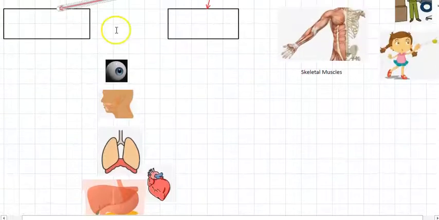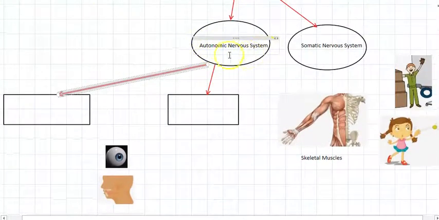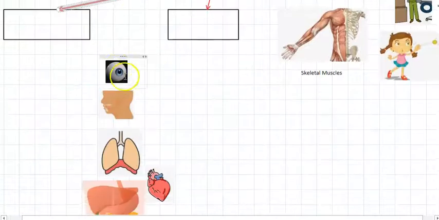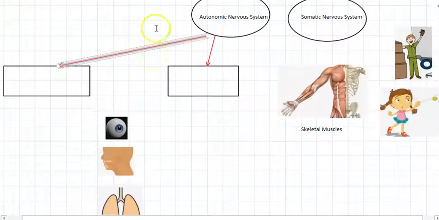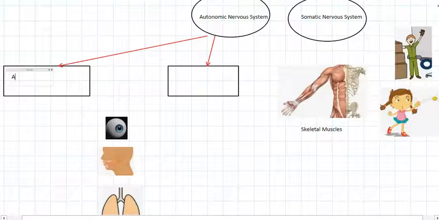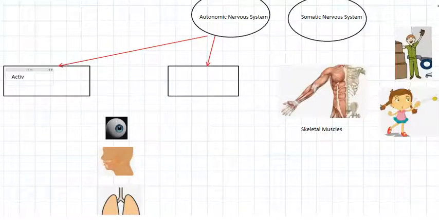Okay, well, the way the autonomic nervous system works is that all these organs, they either receive messages based on our body being active and needing energy and being ready for action. So active, energetic, and ready for action.